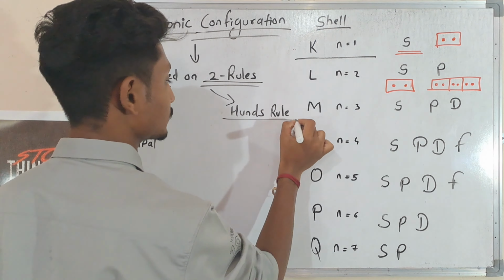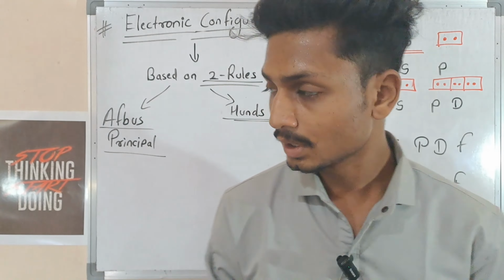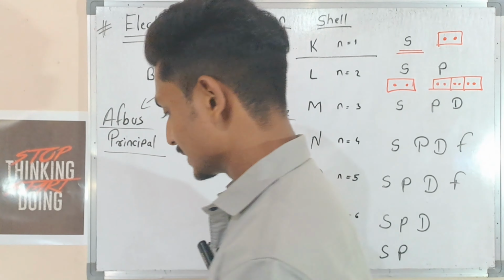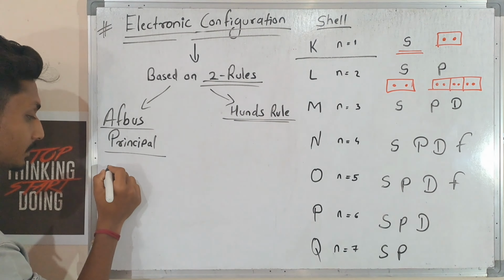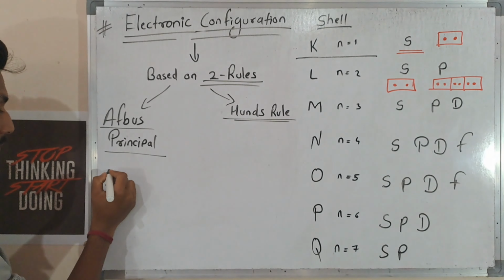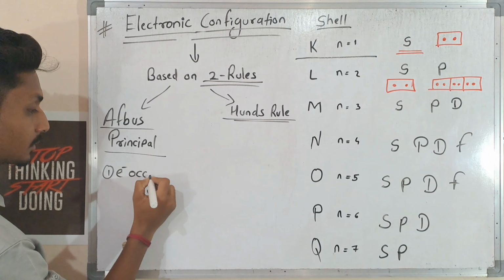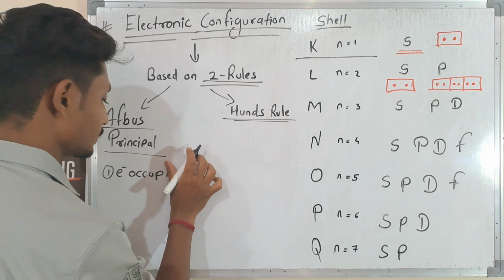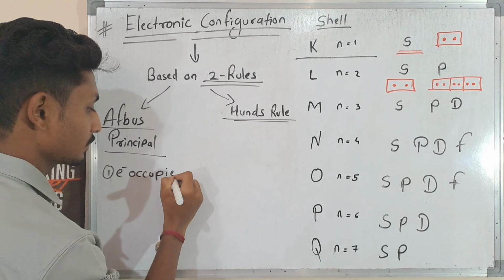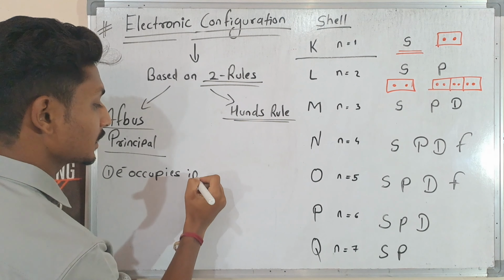Aufbau principle tells us that electrons occupy orbitals.